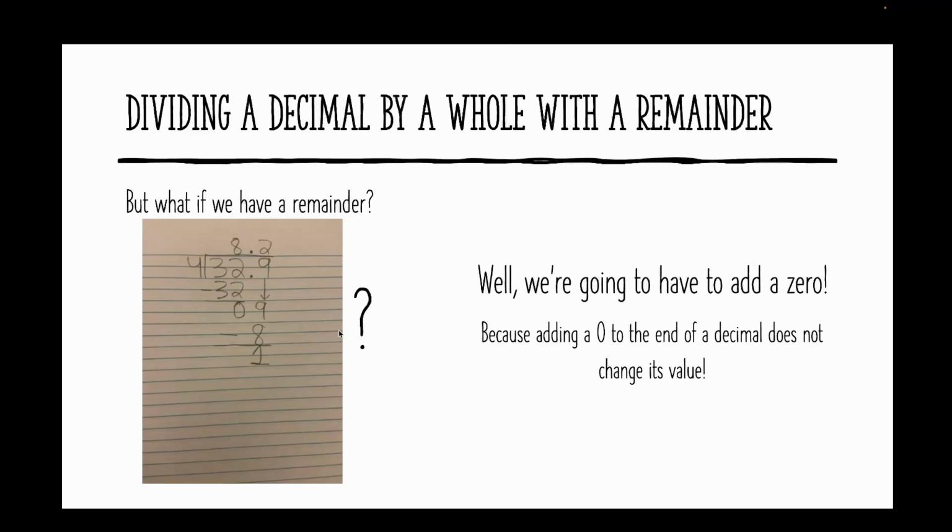Well, what do we do? We add a 0 to the end of 32.9. Because as we know, if you add a 0 to the end of a decimal, the value of the number does not change. 32.9 is worth the same as 32.90.